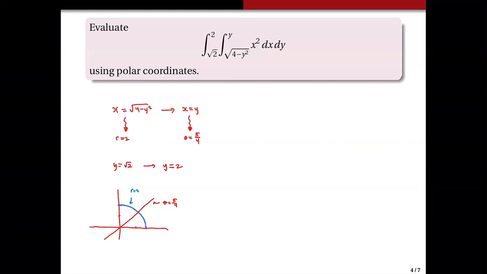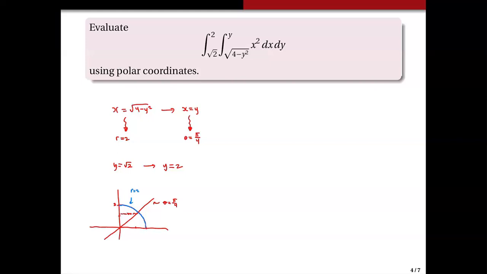It will be from this point until 2. This is your 2. So y runs from square root of 2 until y equals 2.